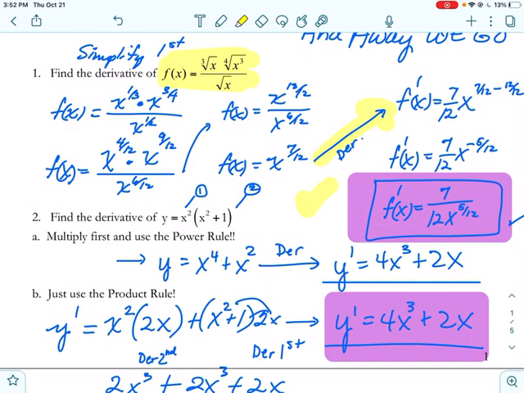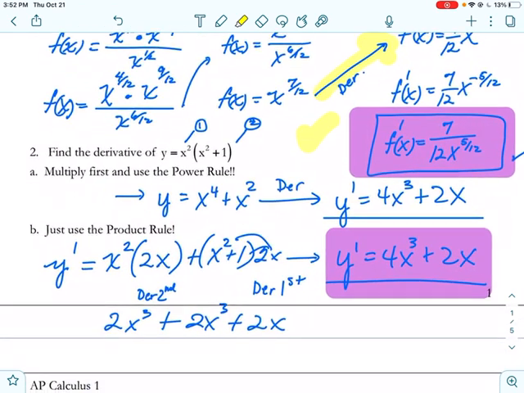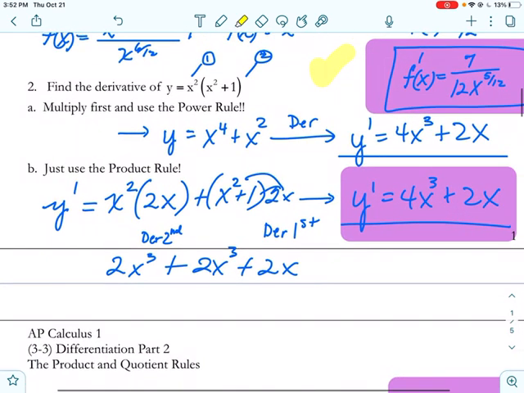So then the next one I have, find the derivative first by multiplying out and then using the power rule. And you can see as I multiply the x squared times x squared plus 1, I get x to the 4th plus x squared. Take the derivative, and you end up with this derivative, okay? Which is great. We have our answer, and that's a pretty quick way to do it.